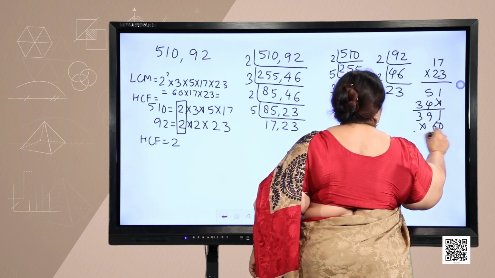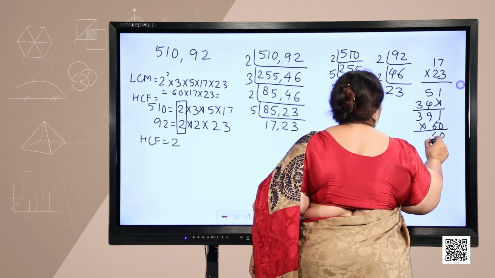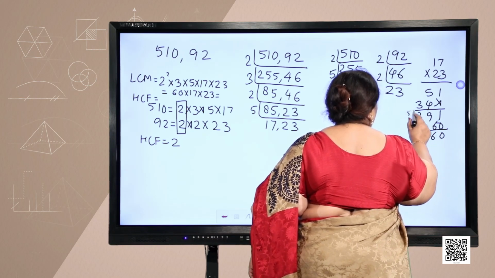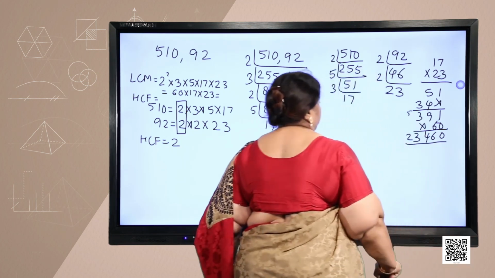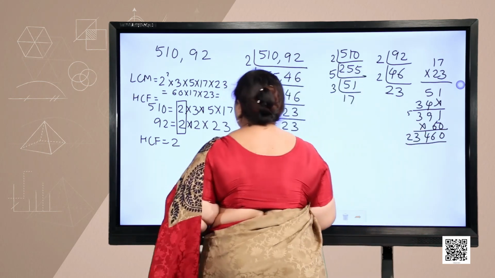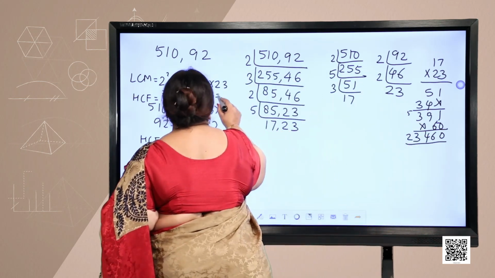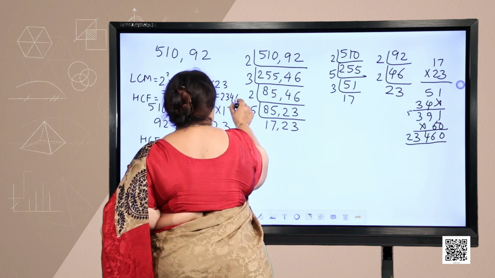Multiplied by, so, what is the LCM? LCM is 23,460.